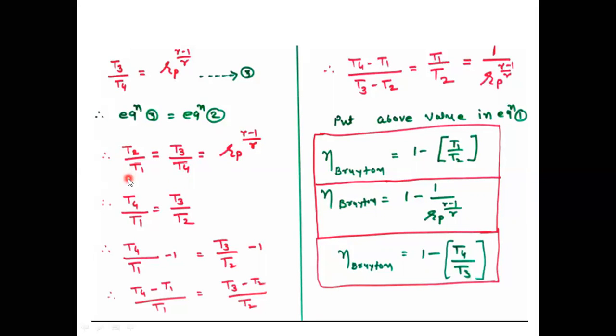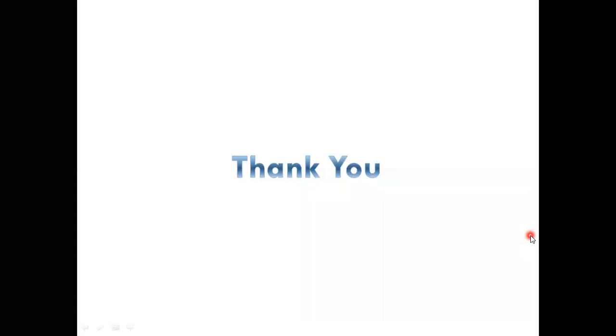So instead of T1 divided by T2, you can write T4 divided by T3. So this will become the third equation. This is the air standard efficiency of the Brayton cycle. This is in the form of pressure ratio. This is in the form of temperatures T1 and T2. And this is in the form of temperatures T3 and T4. Thank you.